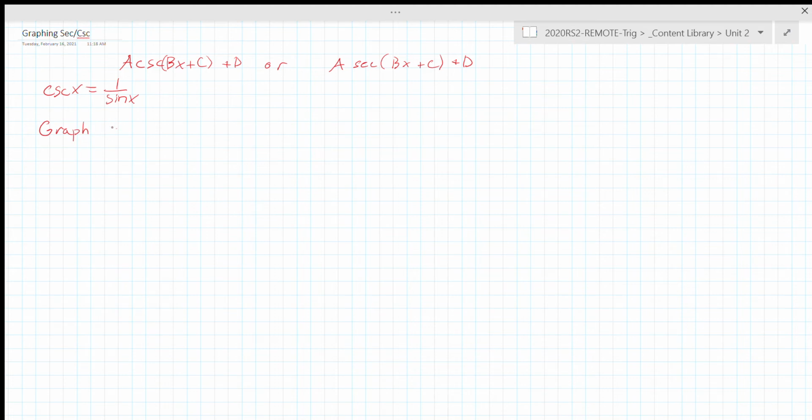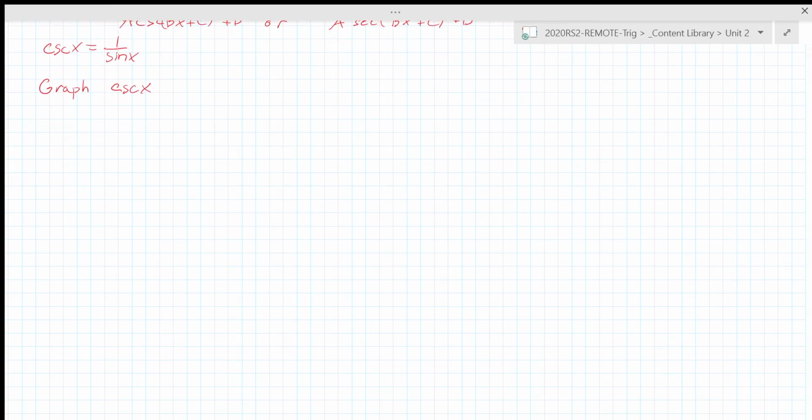So let's graph the parent function cosecant of x. In order to do this, first graph sine x. You kind of ignore the fact that we're talking about cosecants, and you graph the related function first. Since sine is related to cosecant, we're just going to graph sine x first.